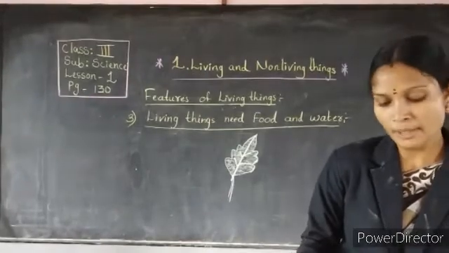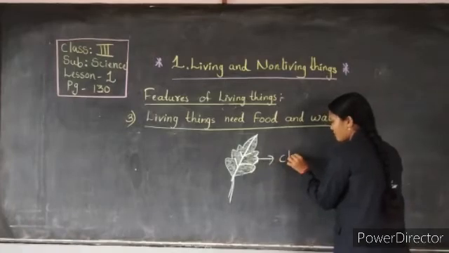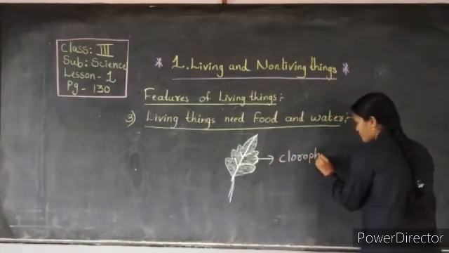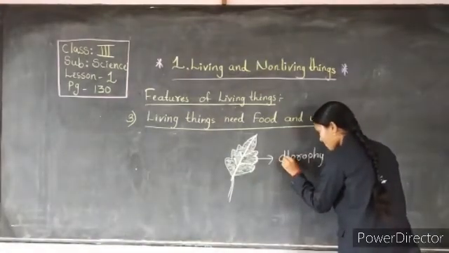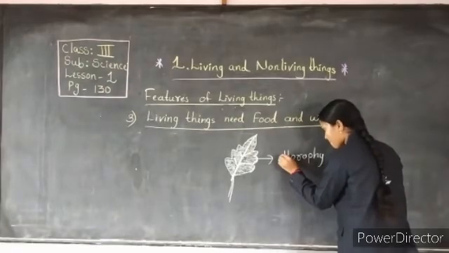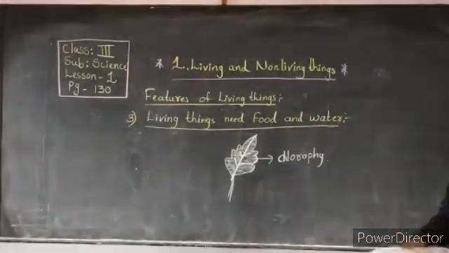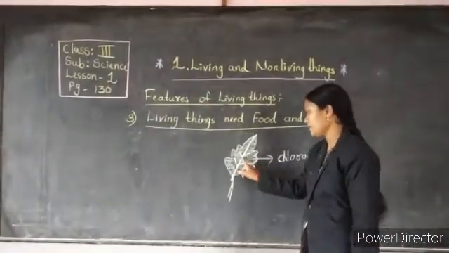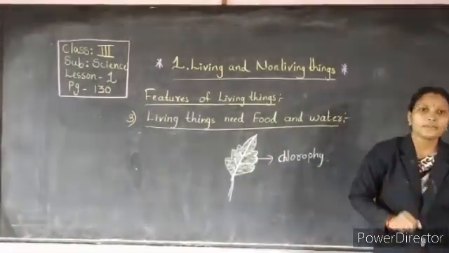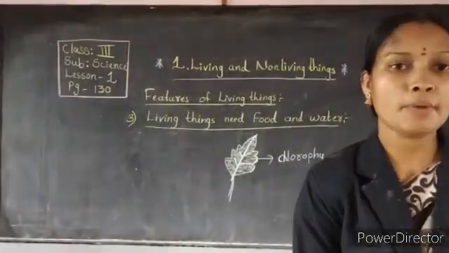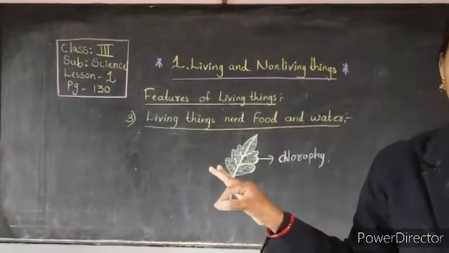Color. This green pigment is called chlorophyll. It is in their leaves. This pigment helps plants make their own food.